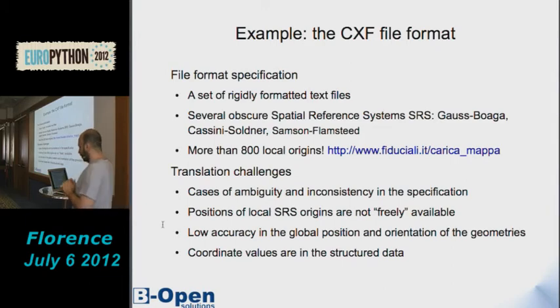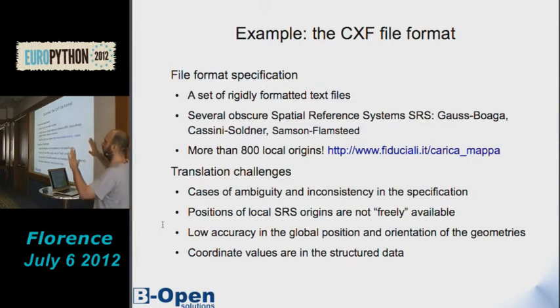Then there is another challenge: this data has low accuracy in position and orientation of the geometries. These are all data that have been built historically, measuring the distance between points. So it has decent accuracy if you are close to the points. That is, the polygons are more or less the shape they should be.